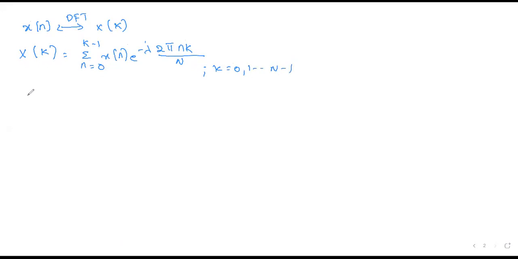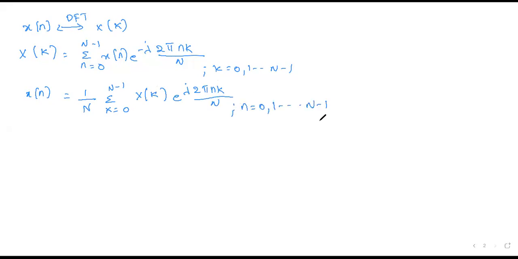Similarly, if we want to find the inverse transform, means if we want to find x of n from x of k, then x of n is written as 1 by N sigma k is equal to 0 to N minus 1 x of k into e to the power of j 2 pi n k by capital N, where n is equal to 0, 1, so on to N minus 1.